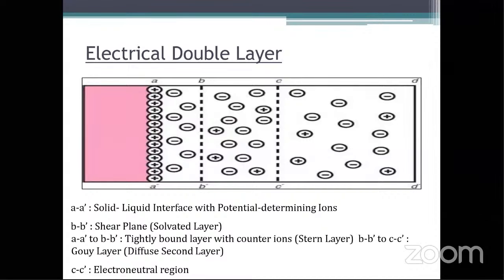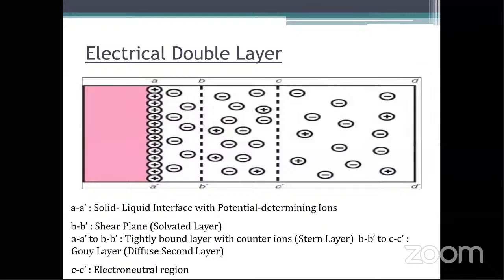So what will happen? At equilibrium, just listen carefully, some excess anions are present in this tightly bound layer. However, their number is very much less than the adsorbed cation.